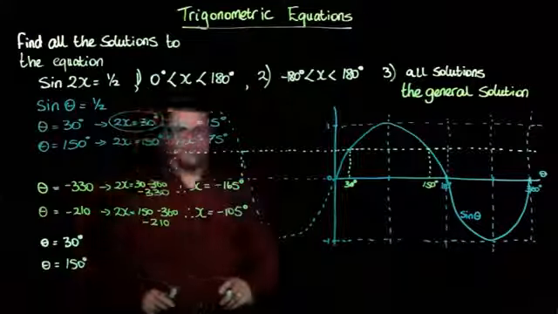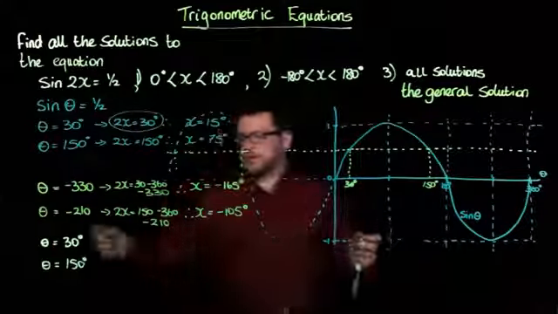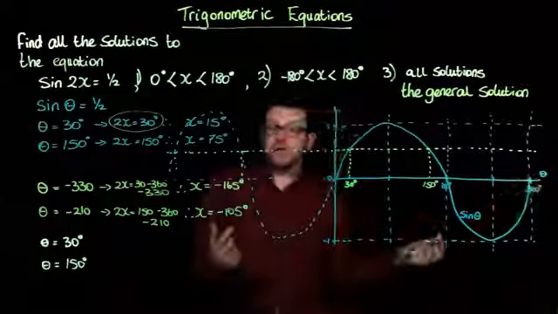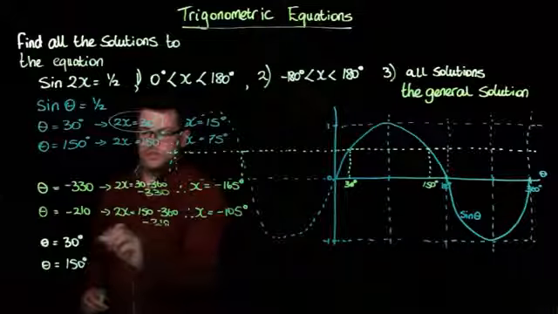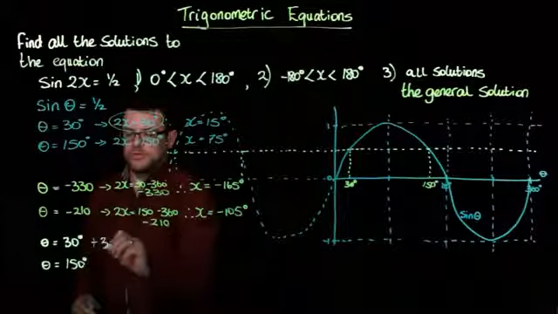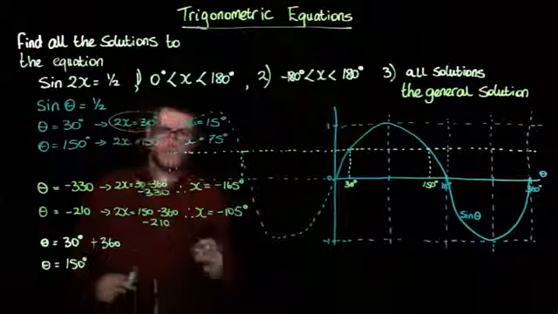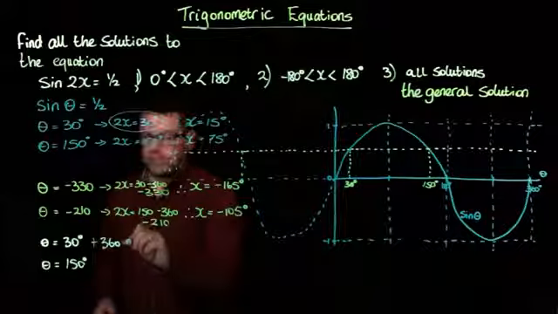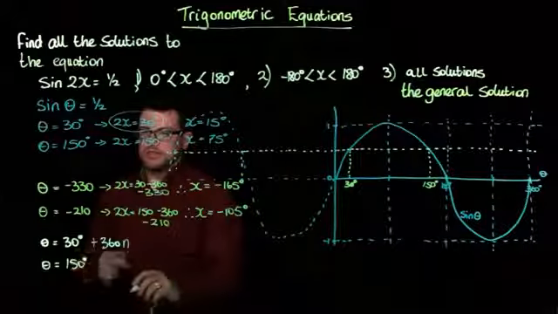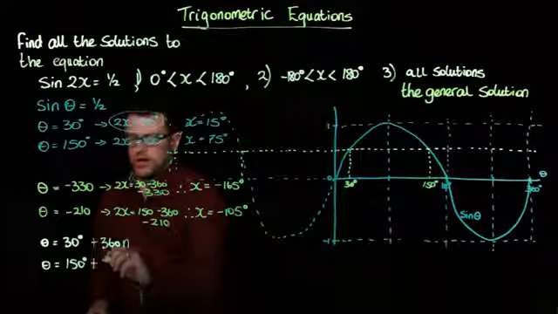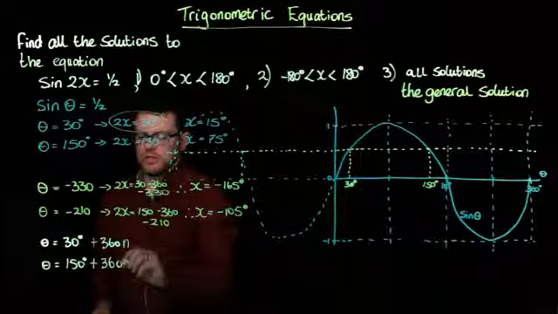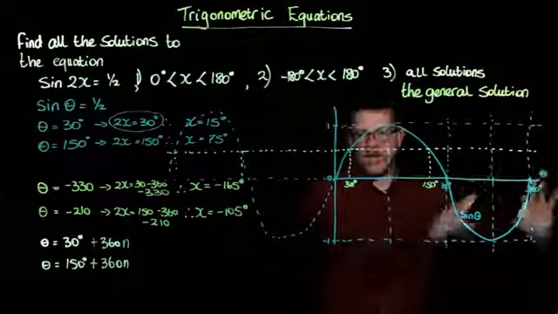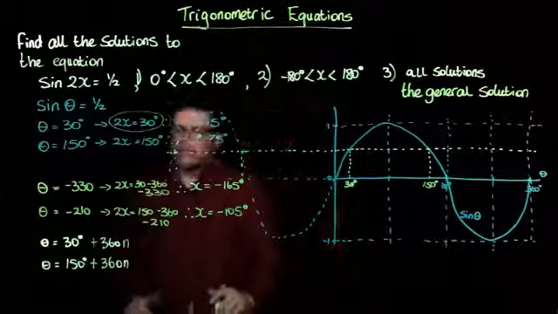And we could say that it's 30 degrees plus 360, but really any multiple of 360. So to give a multiple, we say n, like the 360 times table, 360n. We can say the same thing down here, 360n. So every time we move this graph, we're adding or subtracting 360.